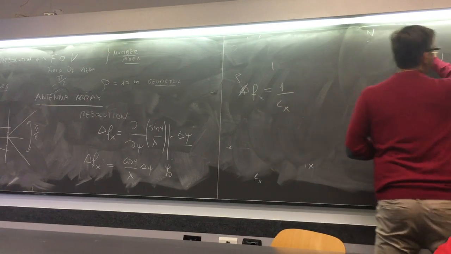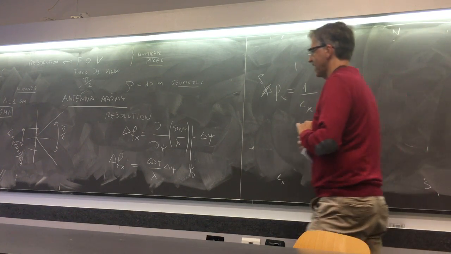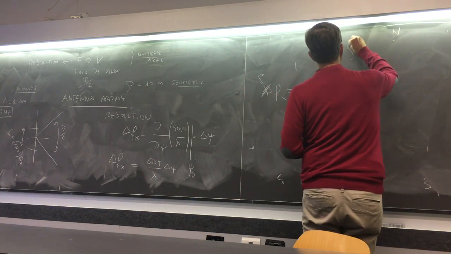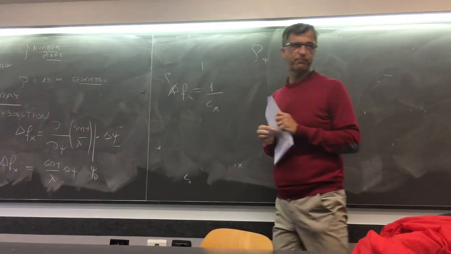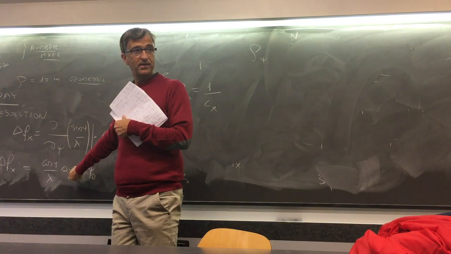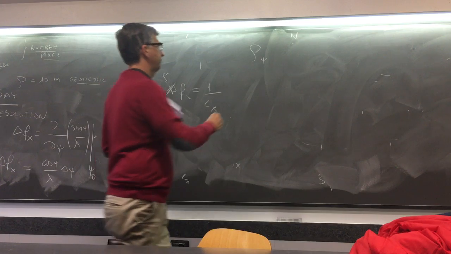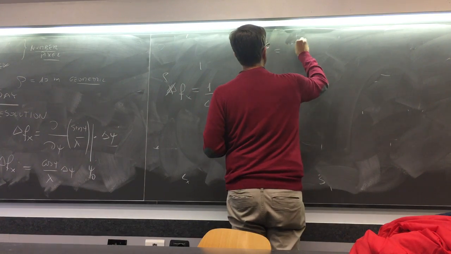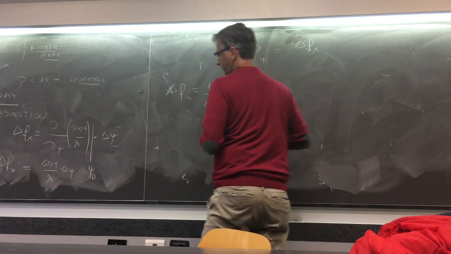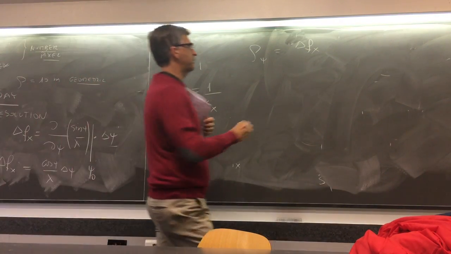What is my desired angular resolution? My desired angular resolution is rho phi, the minimum phase variation, okay? And to get rho phi, I put delta fx divided by cosine of psi multiplied by lambda.